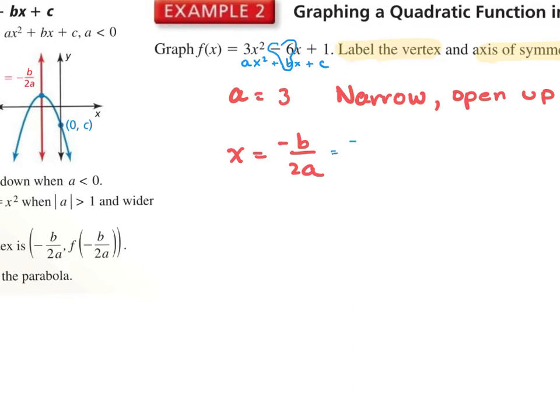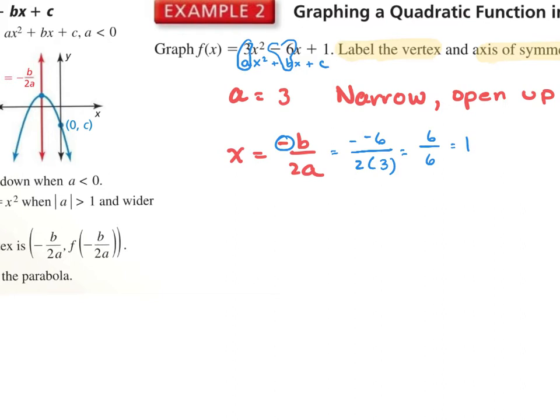So b is negative 6, and we get the double negative because the formula has a negative in it, over 2 times a, and you can see our a value is just a 3 right there. Double negatives make it a positive 6 over 6. So the x value is 1, and that is our axis of symmetry.